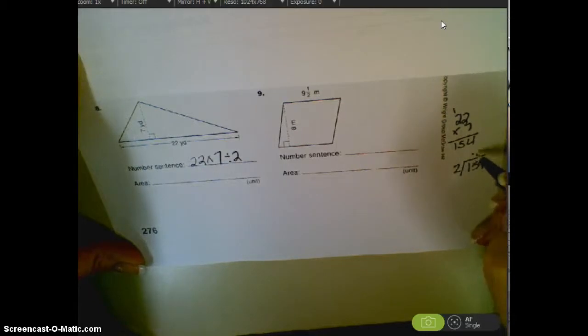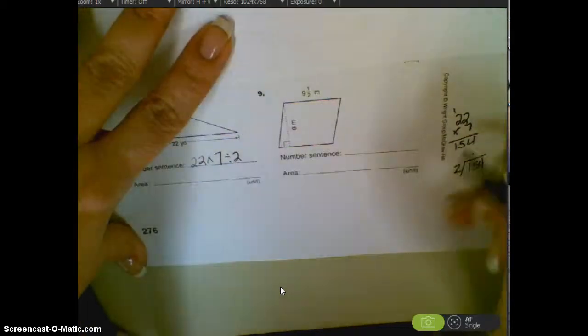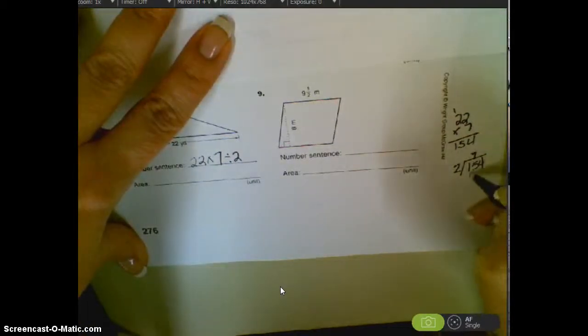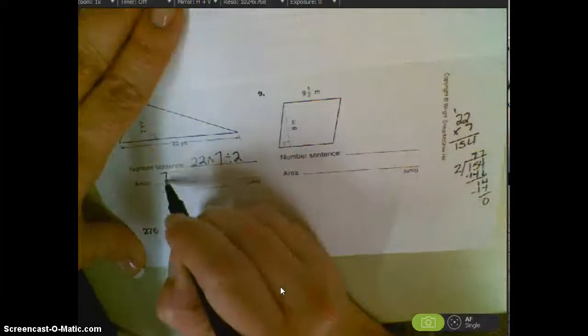Let's see, why am I not thinking here? 2 times 7 is 14. Subtract and you get 1. You bring down another 4 over here, and 2 times 7 is 14 again. So we get a total up here of 77 for an area.